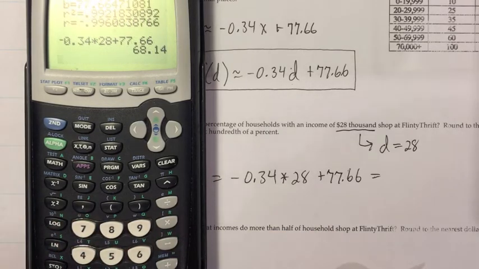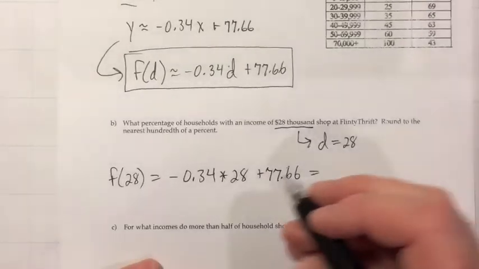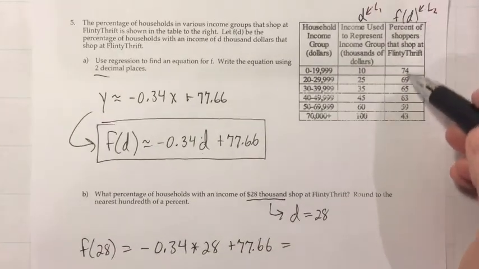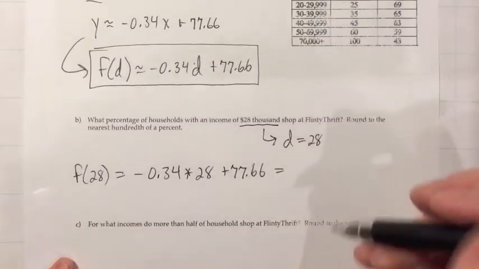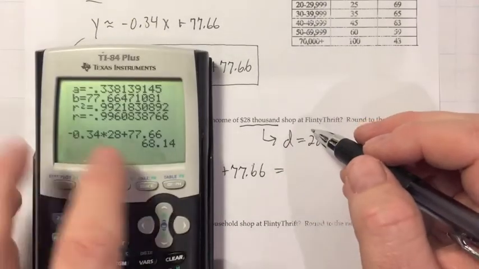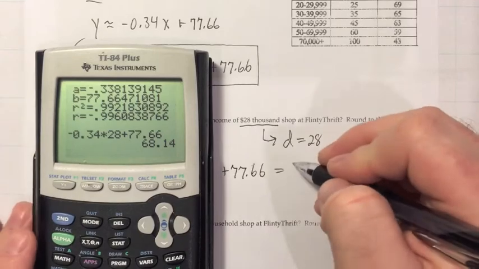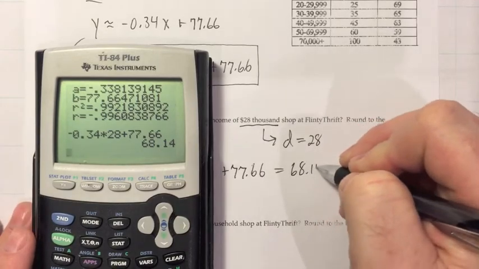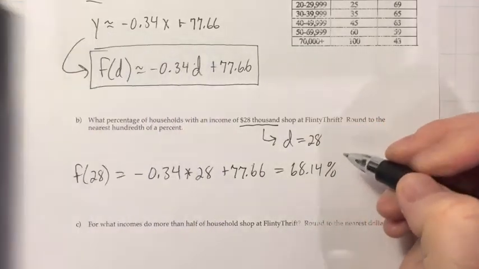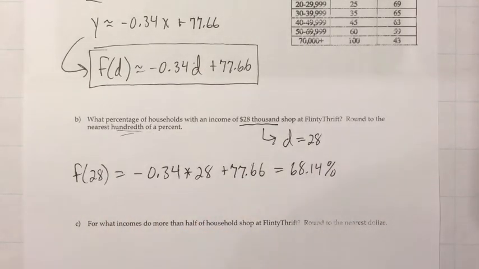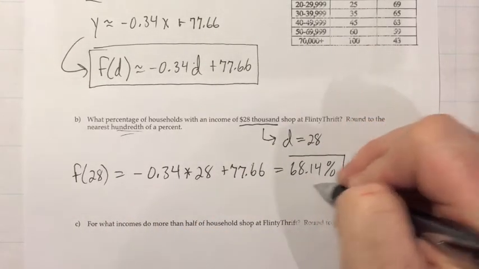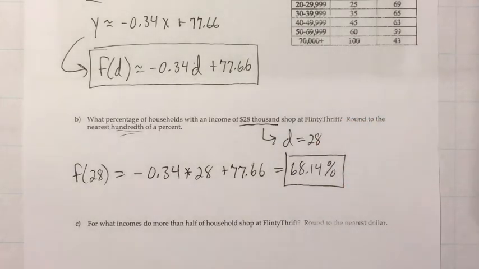And I get 68.14, which is already a percentage because the values of f of d are percents. And then it just happened to come out to 2 decimal places. Let me bring that back in again, see, it's already 2. So 68.14, it's already a percent. It's already got the number of decimals that we want, which is 2 decimal places because they asked for hundredths. So that would be our answer for that piece.